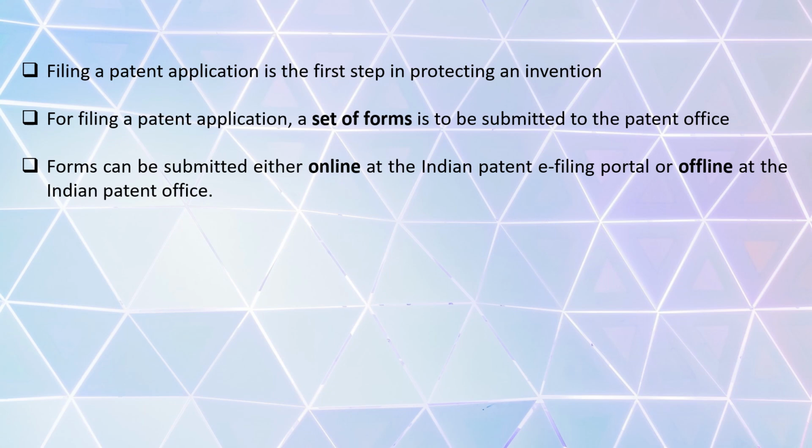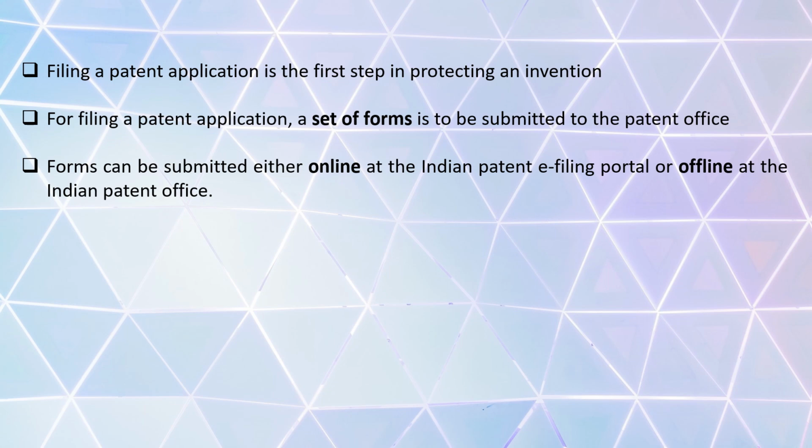And if you are residing in any of these states, you can directly go and file the patent application in that respective patent office. But let's say if you are residing in some other state, then you will fall under a specific patent office jurisdiction, and you can accordingly go and file your patent application in that patent office.